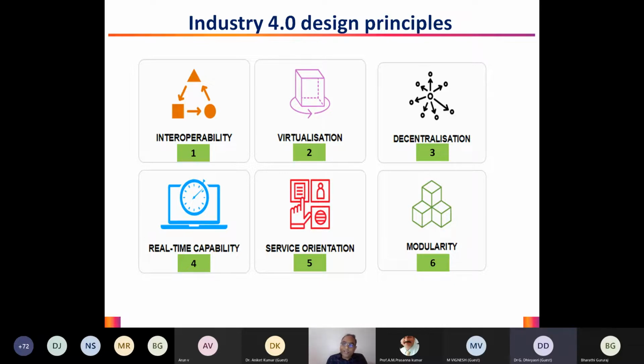We will try to identify the possible pitfalls we can encounter when the actual machinery is working. Thereby we will be able to gain a better understanding early in the design cycle, so that we can always come up with a better solution, so that the process can be taken forward in an efficient way. Then comes decentralization.